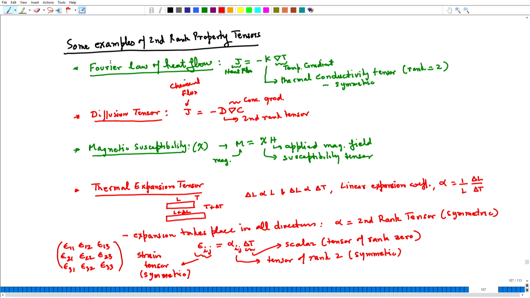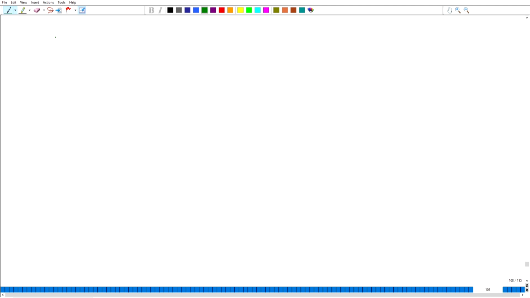Finally, one last example is the Seebeck effect. Now, what is the Seebeck effect?